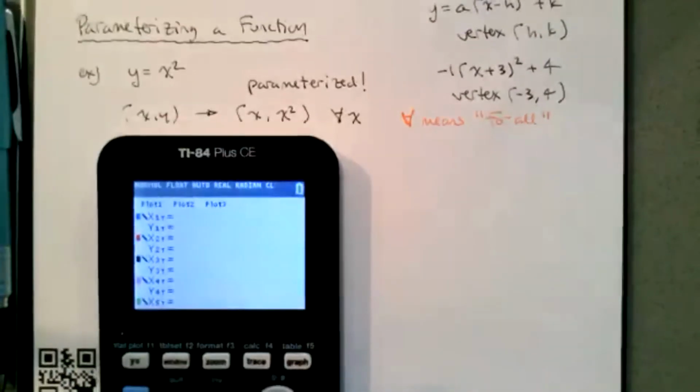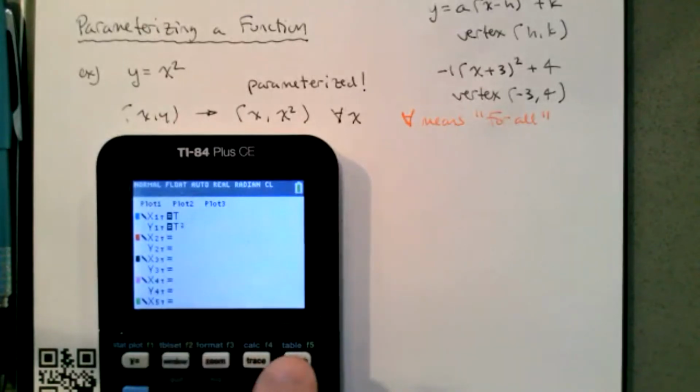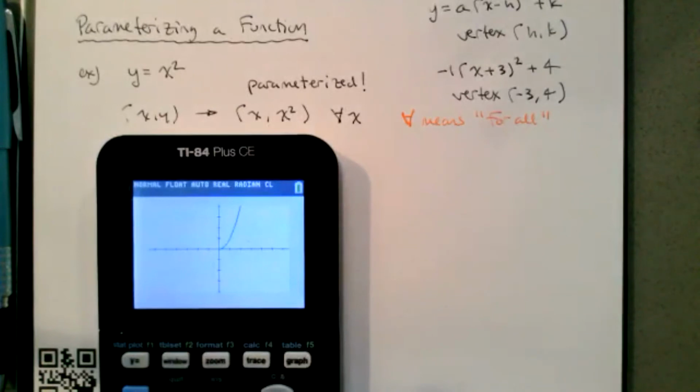If I want to produce the graph of y equals x squared and I want to parameterize it, I can just make x be t and y equals t squared. Now, when I graph this, I only get the right half, because my parameter is only set to go from 0 to 2 pi.